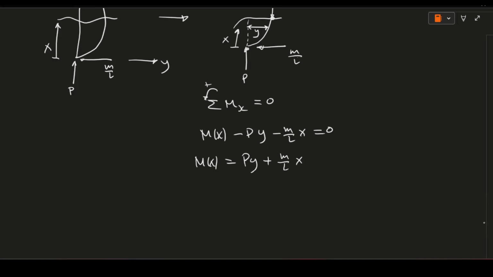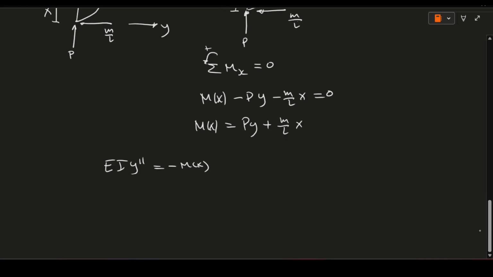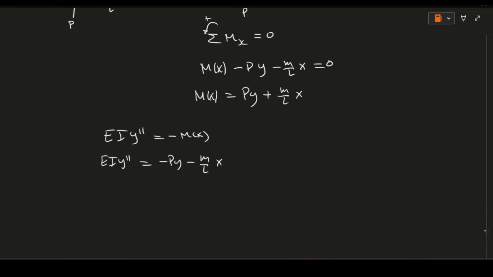So we can use the moment in the beam curvature equation, which says that EI y double prime is equal to minus M of x. Then we get EI y double prime is equal to minus Py minus M over L times x.